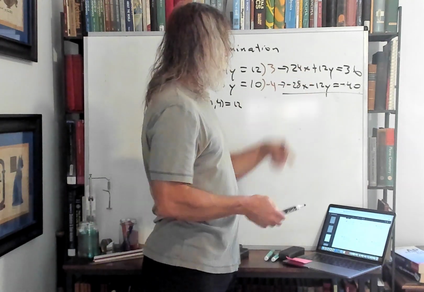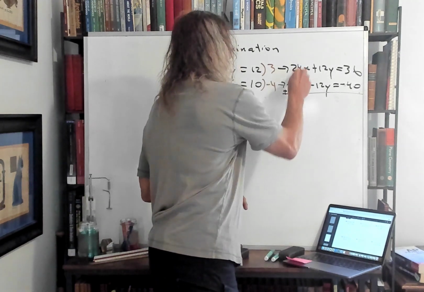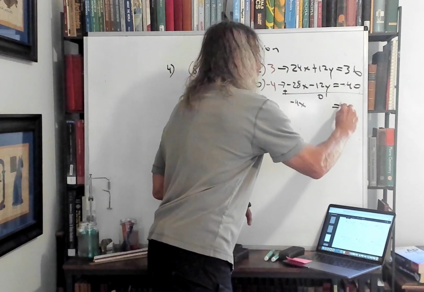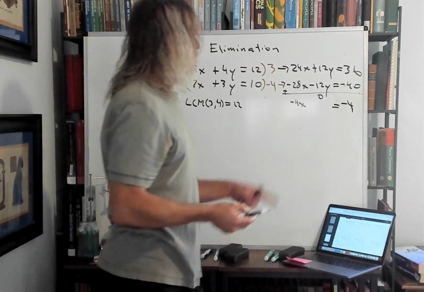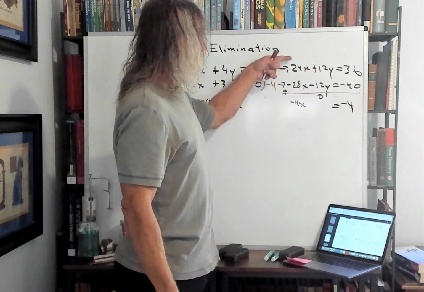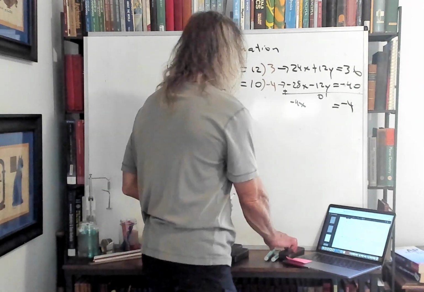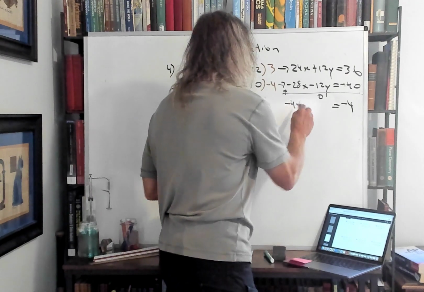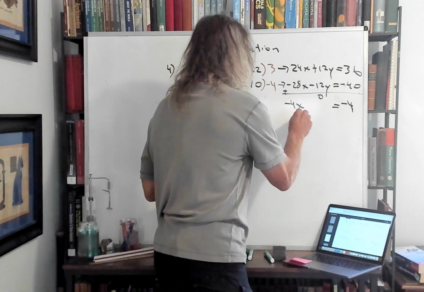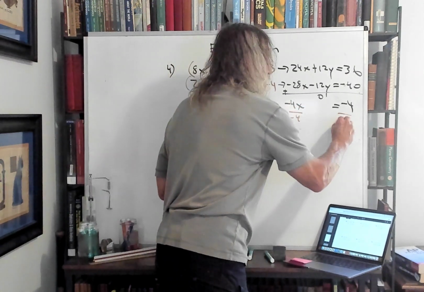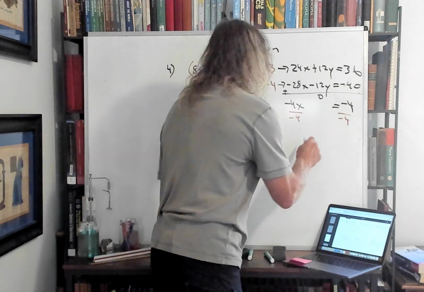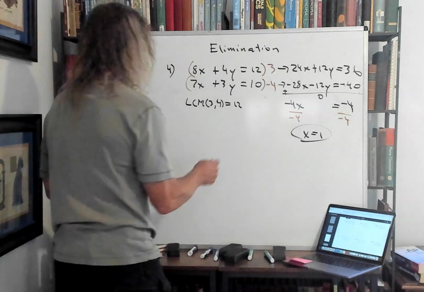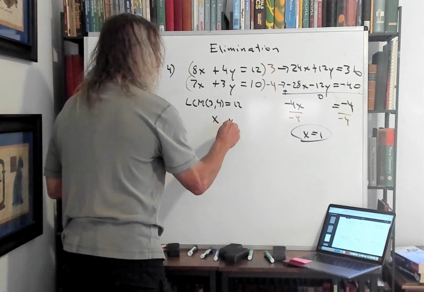Notice these are equal but opposite, so we can add these, make negative 4x. These are 0. These are negative 4. 36 minus 40. 24 minus 28. And divide by negative 4. x is 1.